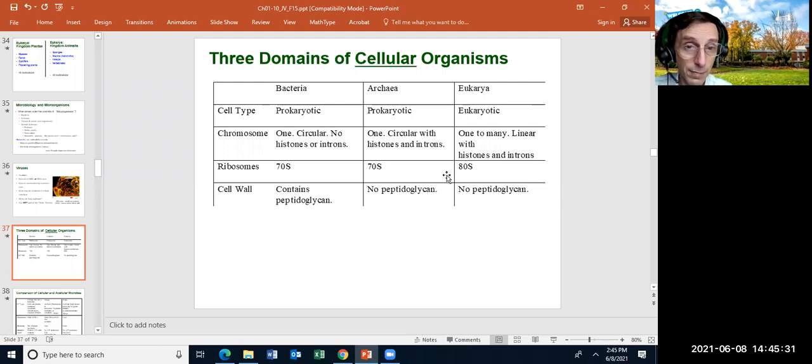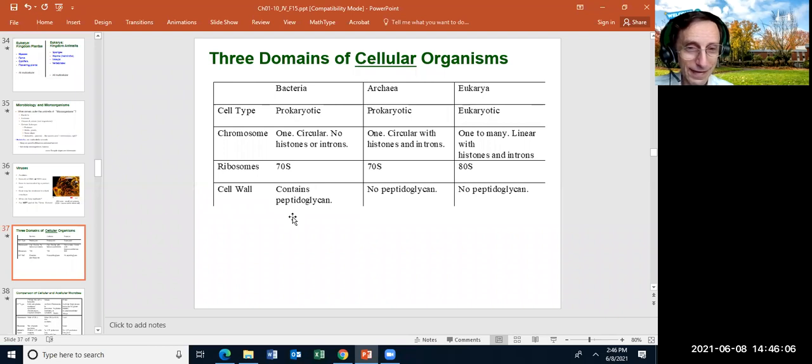When we look at the ribosomes, the bacteria and the archaea have ribosomes which are smaller than those of the eukarya. The bacteria and the archaea have ribosomes of 70S size. The 70S is the position where the ribosome sediments in an ultracentrifuge gradient.